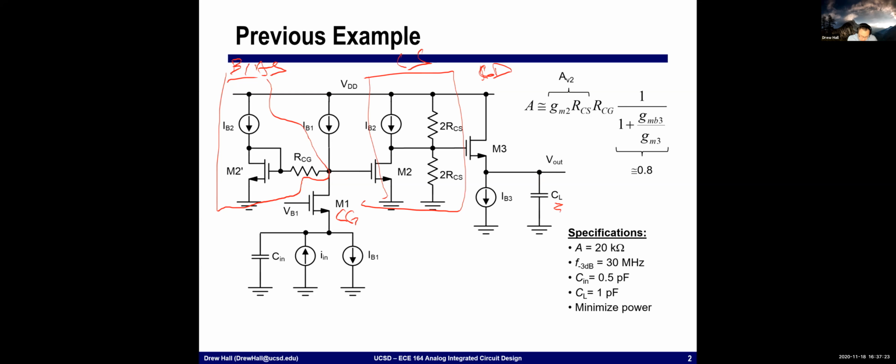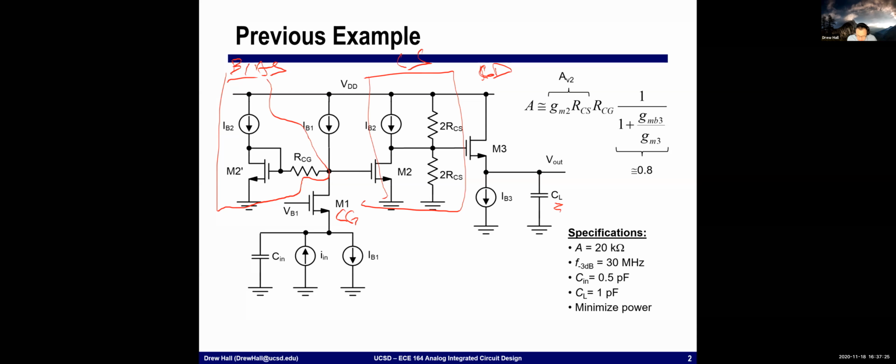Okay. And so we computed the gain as the transfer function first from here to this node. This gets reflected back into a voltage through this resistance. The voltage is then amplified by the gain of the second stage, which we're calling GM RCS.